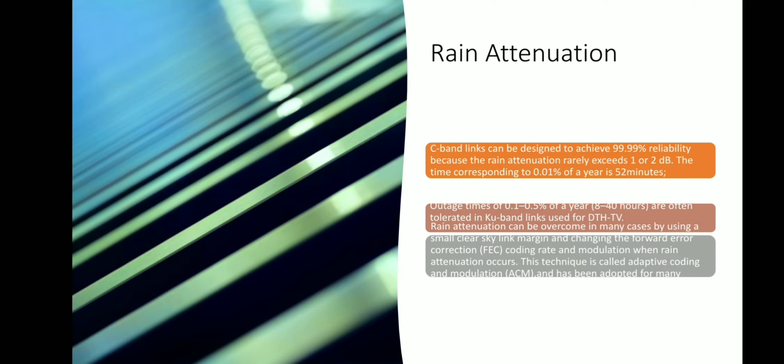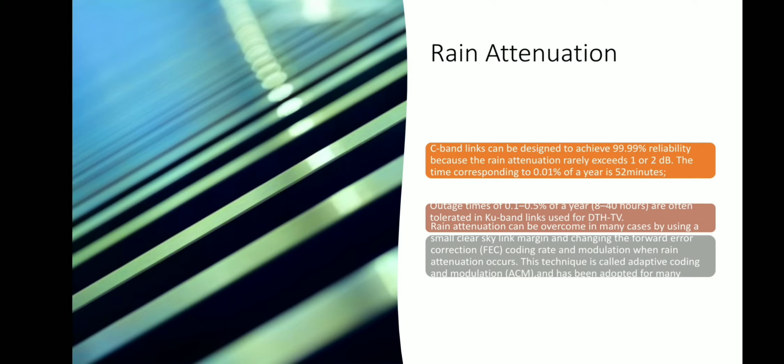So we know that this whole rain attenuation can be overcome with the help of certain methods, like either we increase the power level, or somehow we increase the forward error correction coding rate, or the modulation when the rain attenuation occurs.